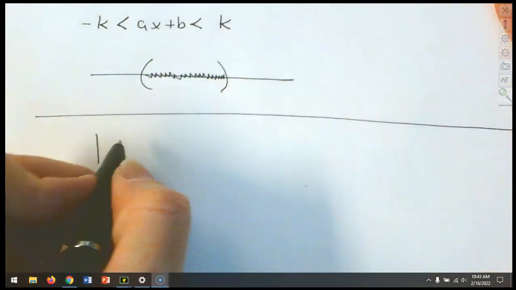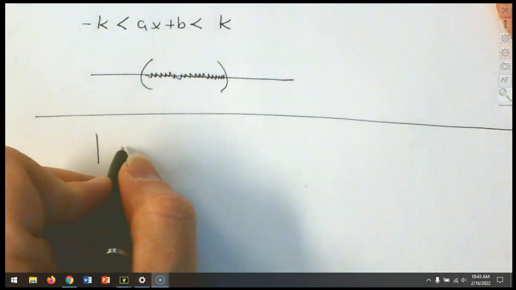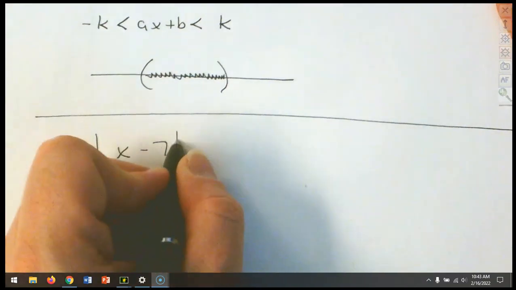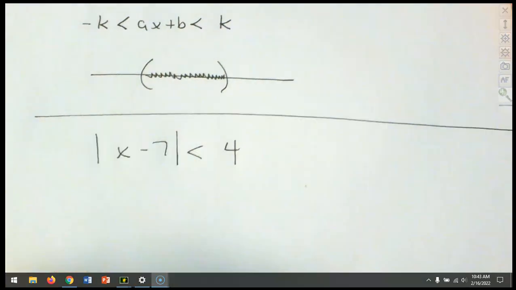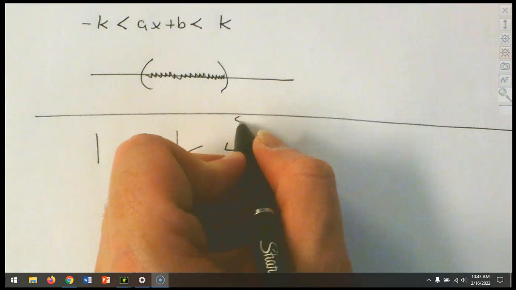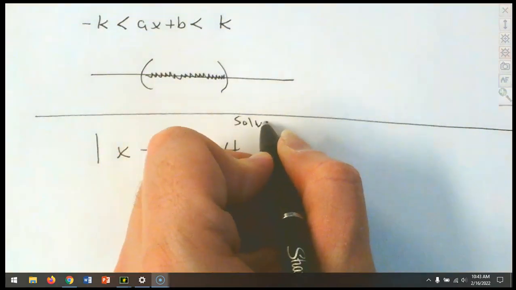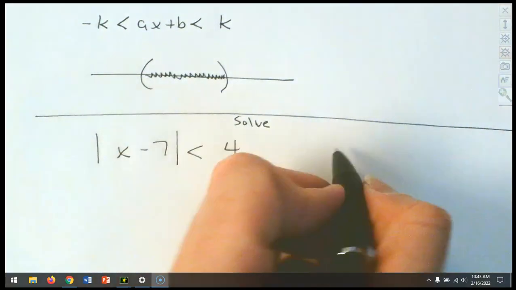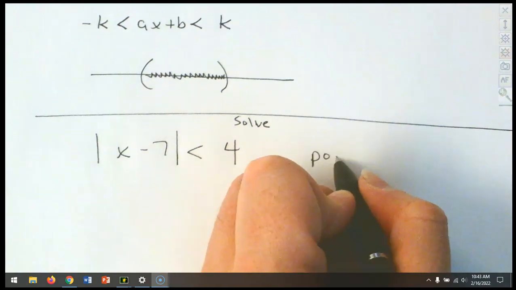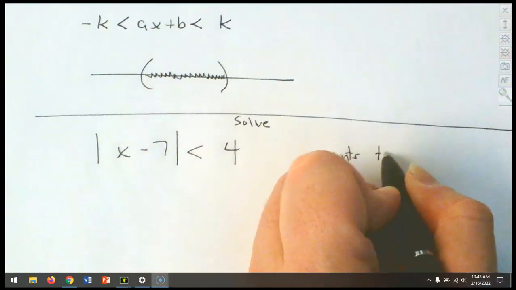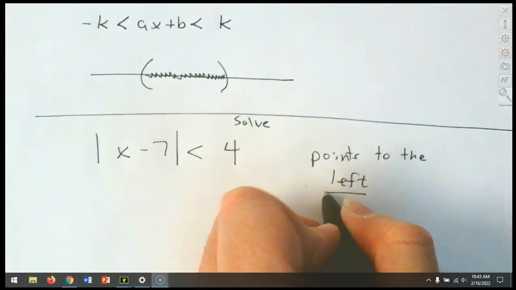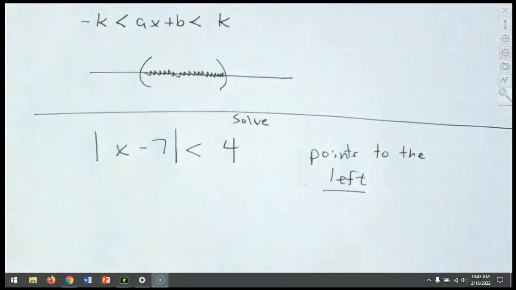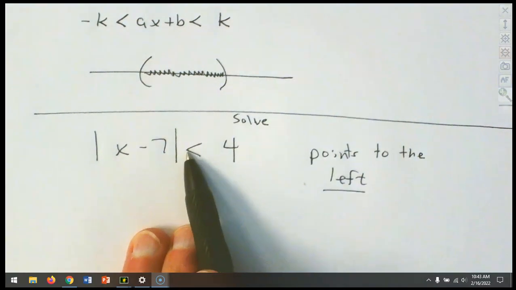So absolute value of x minus 7 is less than 4. So when we go to solve this one, notice it points to the left. And that's very, very important. What you look at is which way this inequality points.